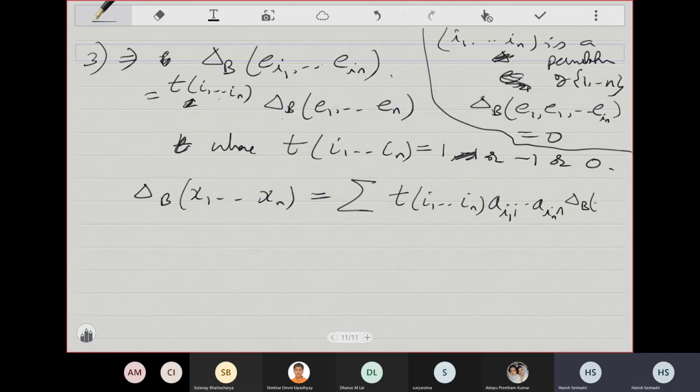So this delta B e1 up to en is just a fixed term, times this t of i1 to in, A i1 1 up to A in n.